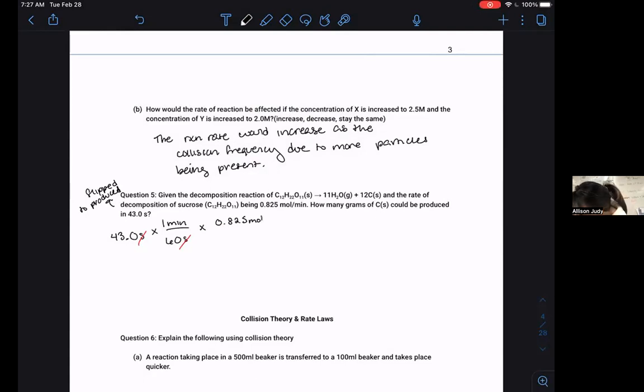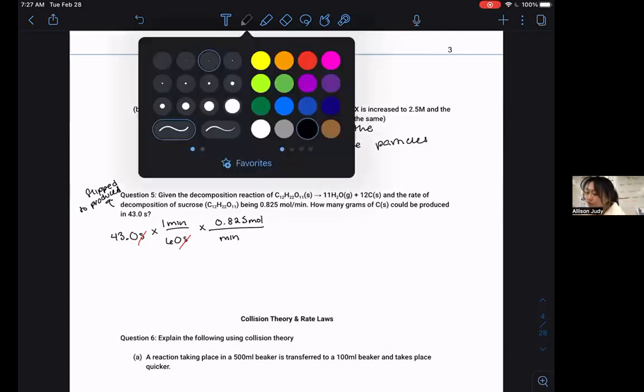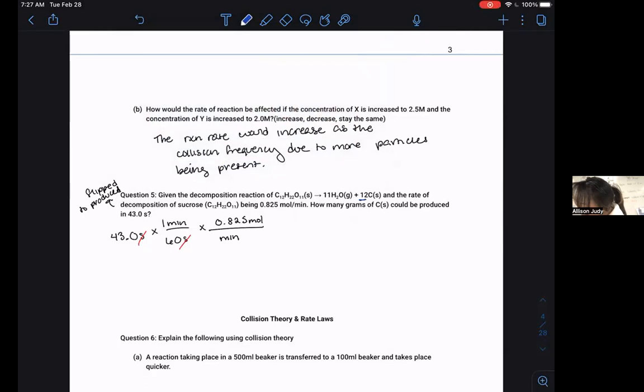But remember, there's a stoichiometric relationship between carbon and our sucrose, C12H22O11, which is being decomposed at a given rate. To adjust my rate of production of carbon, I need to acknowledge the stoichiometric relationship between the production of carbon and the consumption or decomposition of sucrose. That modifies my rate to be stoichiometrically appropriate to the carbon.